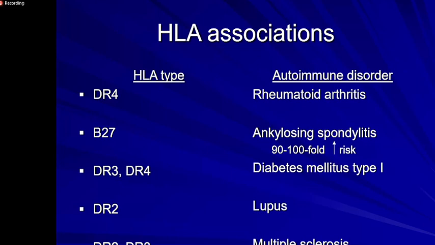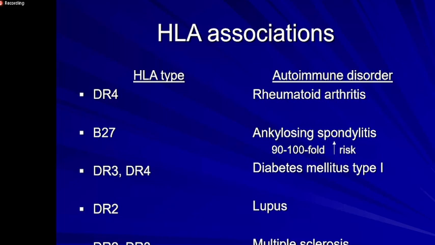Now, when you go to HLA-B27, you find that those people with HLA-B27 will have a high prevalence of ankylosing spondylitis, 90 to 100% risk.